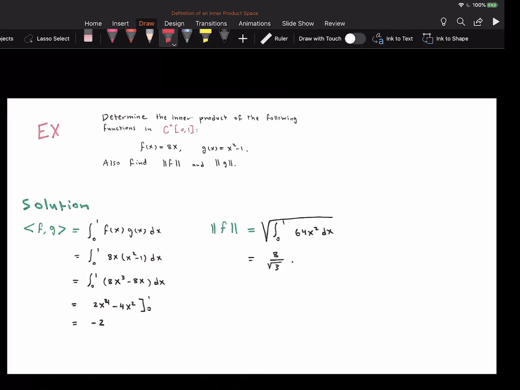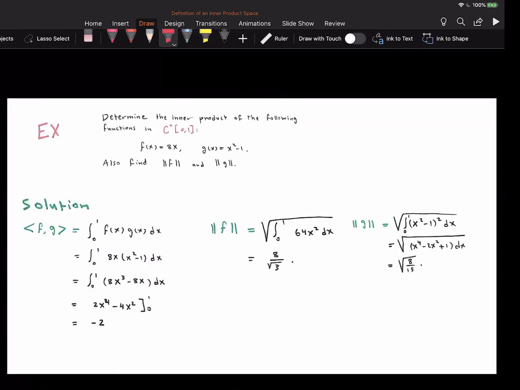The magnitude of f, as a vector, which is a function, will be the square root of the integration from 0 to 1 of f squared, but since f is 8x, f squared will be 64x squared, and that will end up 8 over square root of 3.